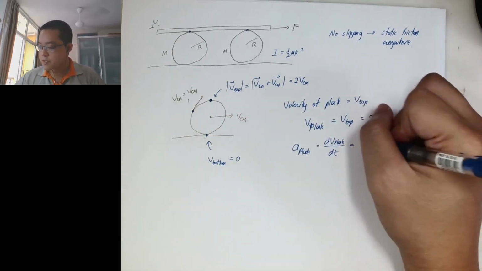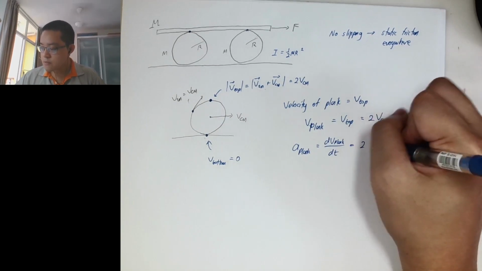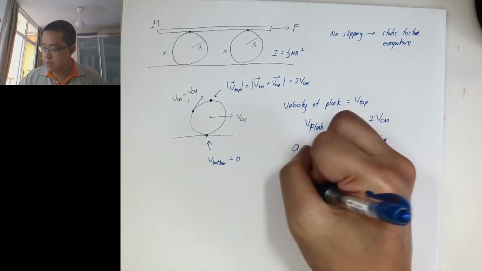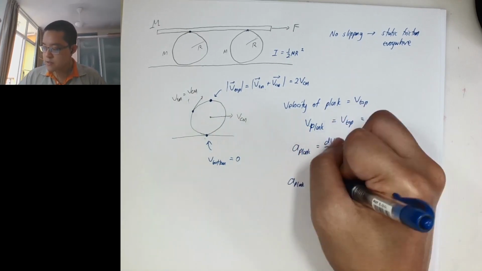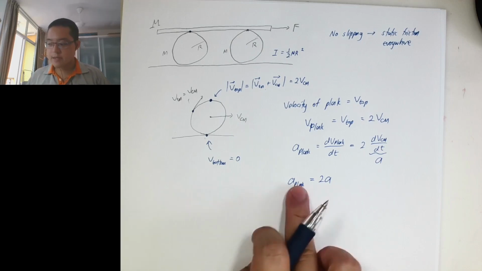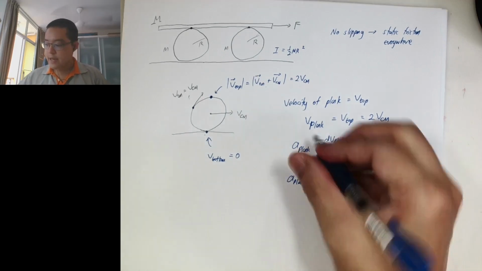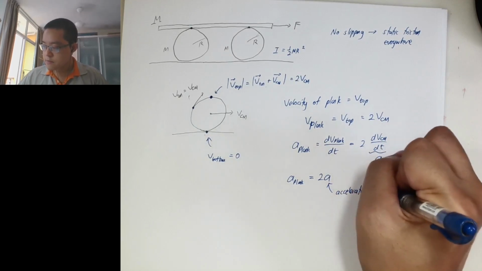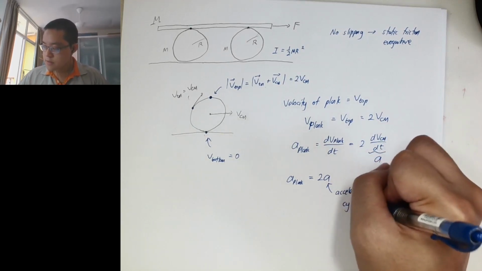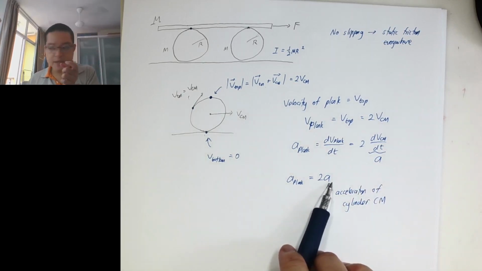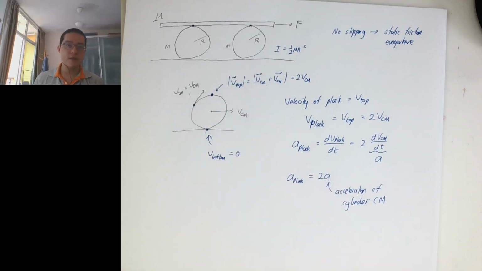Differentiating both sides of the equation, and this is the acceleration of the cylinder, so a plank is equal to 2a. Is this clearer now? That is the acceleration of the plank, and this is the acceleration of the center of mass of the cylinder. If you get the acceleration of the cylinder times 2, that's the answer for the plank already.